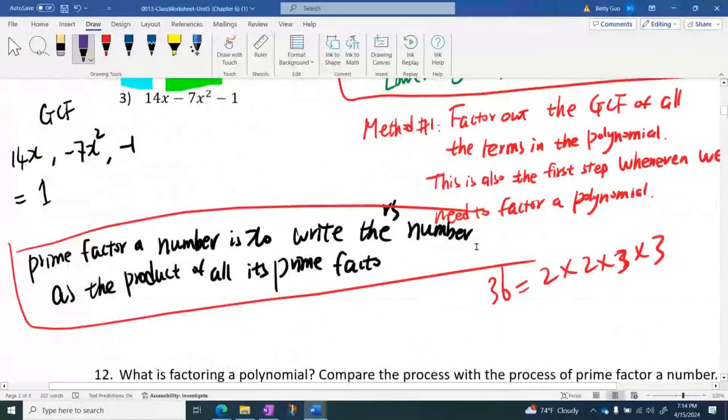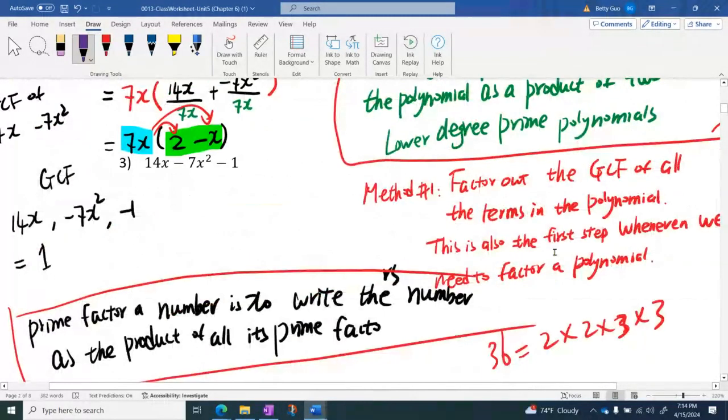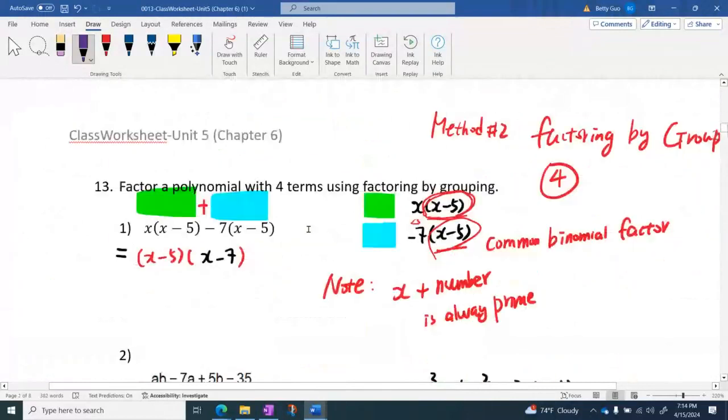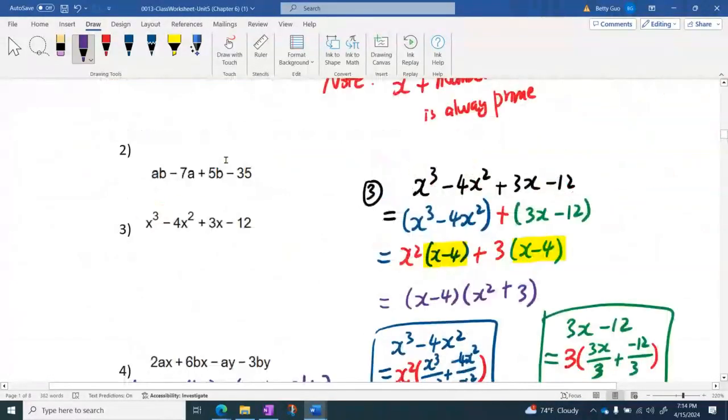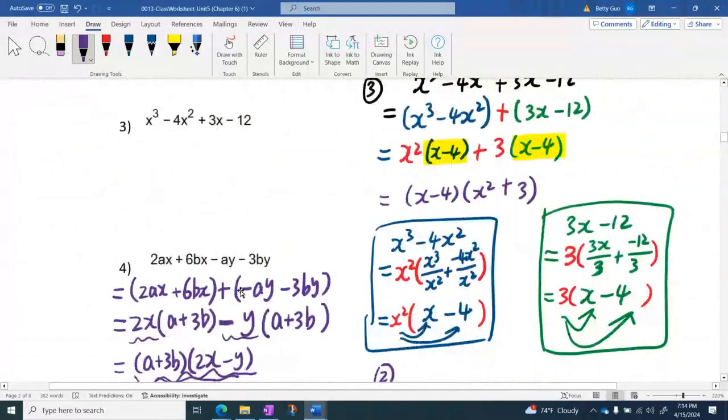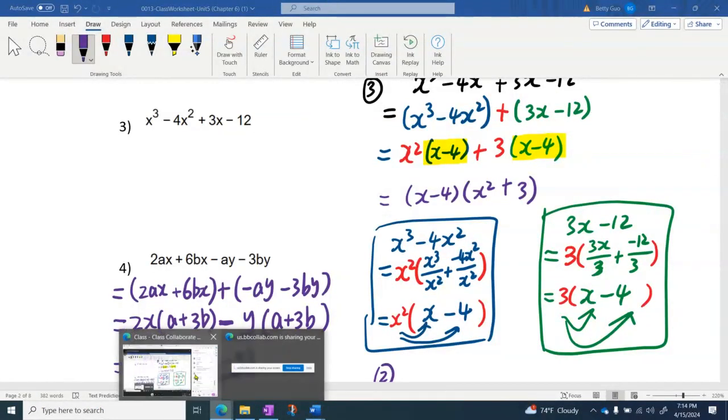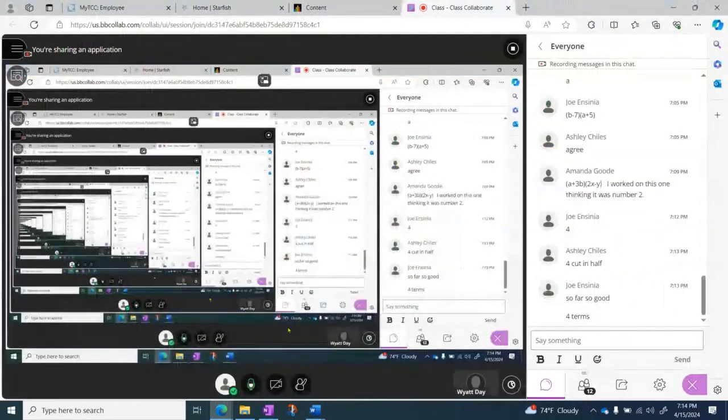Factoring out GCF is also the first step whenever we need to factor a polynomial, right? How come we didn't do that for number 2, number 3, number 4? What's the reason? The reason is because the GCF of the 4 terms is 1. So we skip it.